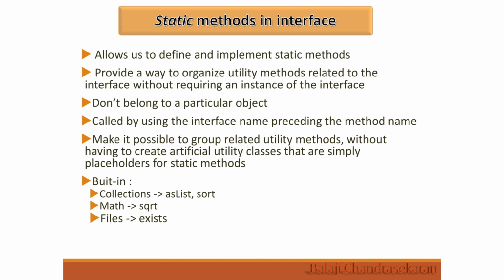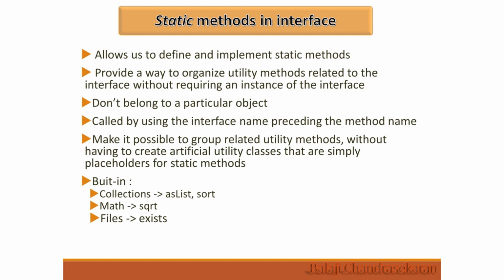In Java 8 and later versions, several built-in classes in the Java standard library use static methods to provide utility functions. Here are a few examples. The Collections class provides static methods for working with collections such as sorting, searching, and creating unmodifiable views. The Math class contains static methods for performing mathematical operations.